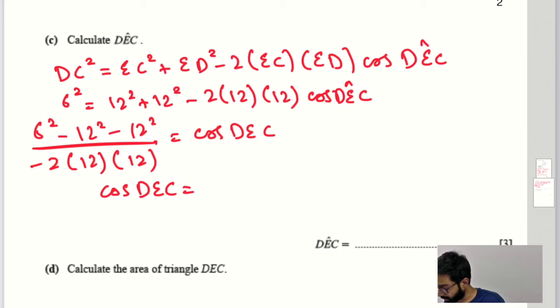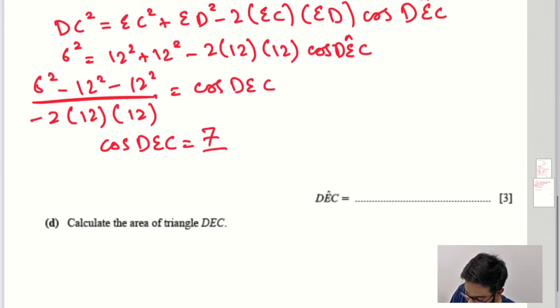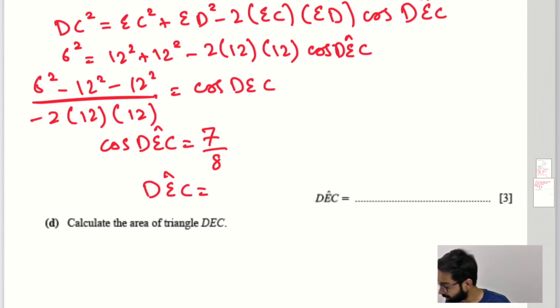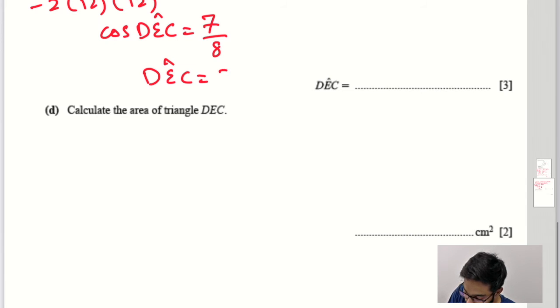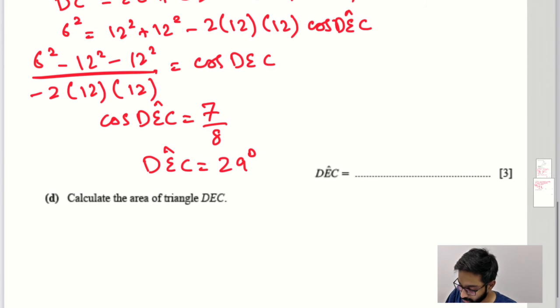So 36 minus 144 minus 144 divided by negative 2 times 12 gives me 7 over 8. So angle DEC should come out to be, if we take the cos inverse of the answer, 28.9 or 29 degrees. So you write 29 degrees right there.